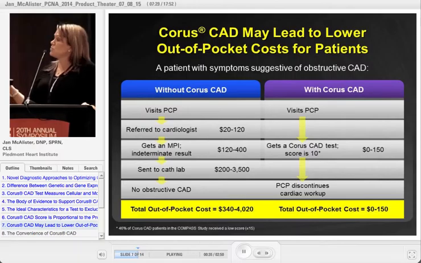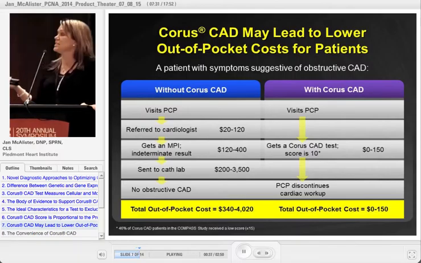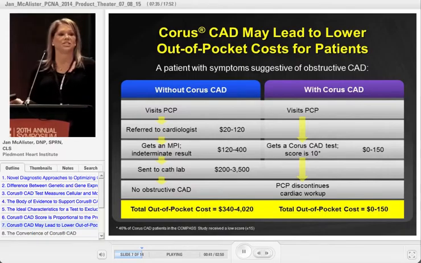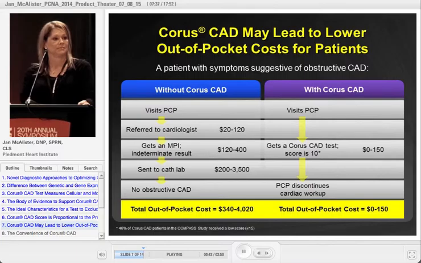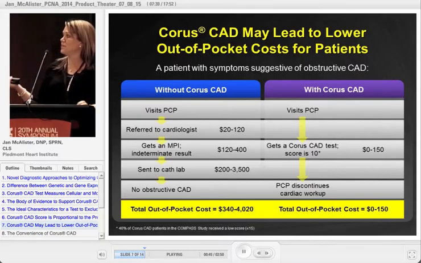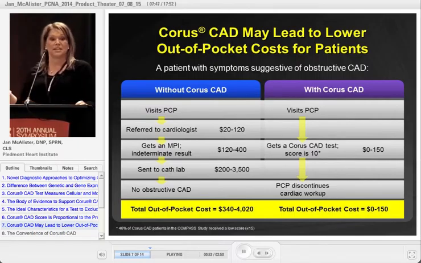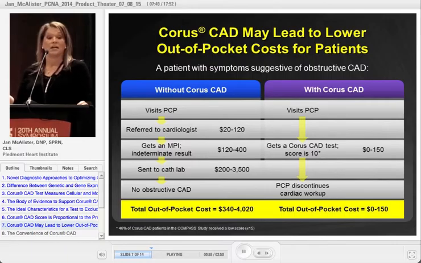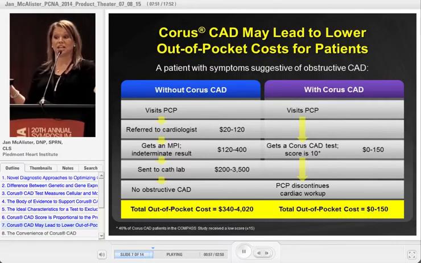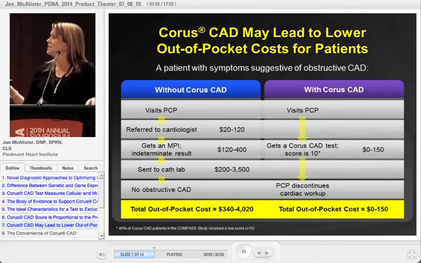If you have two patients, both of them walk into their PCP office, okay? They're having chest pain. All right, so one PCP refers to a cardiologist. You have your little cha-ching right here. The cardiologist then recommends an MPI, which gives you a cha-ching plus radiation.